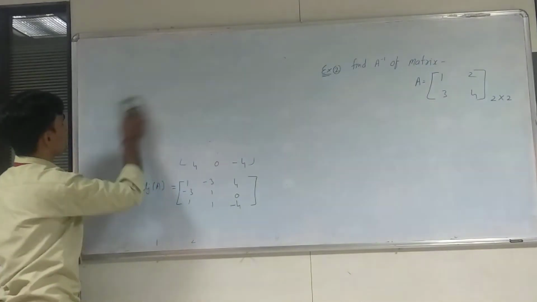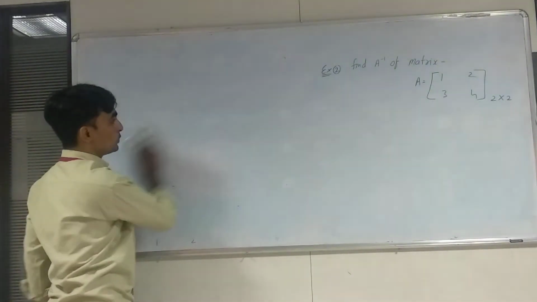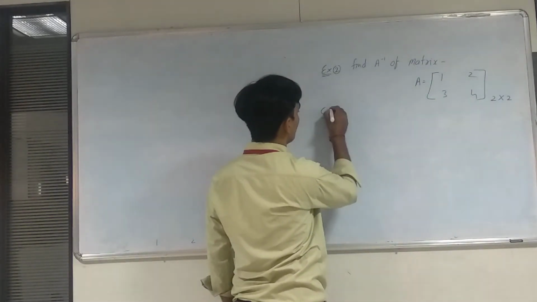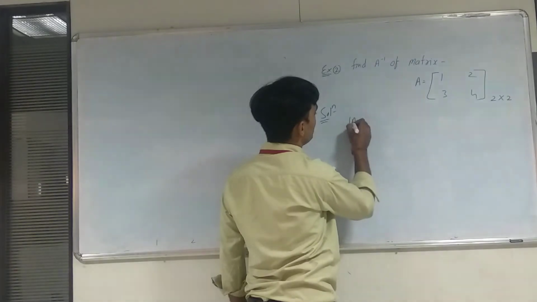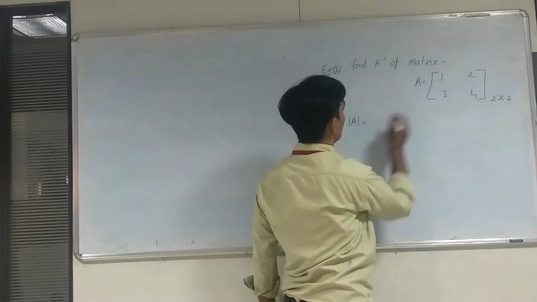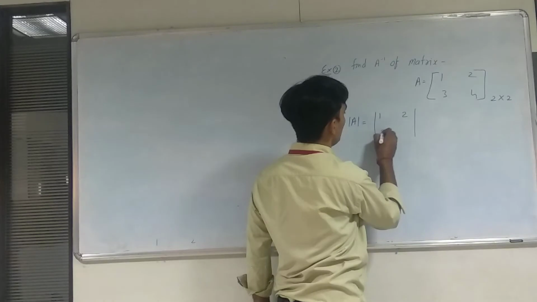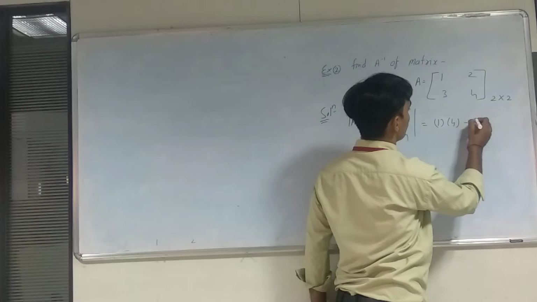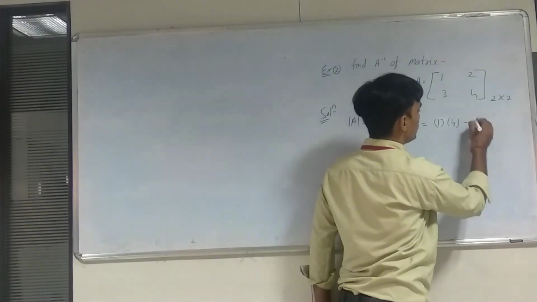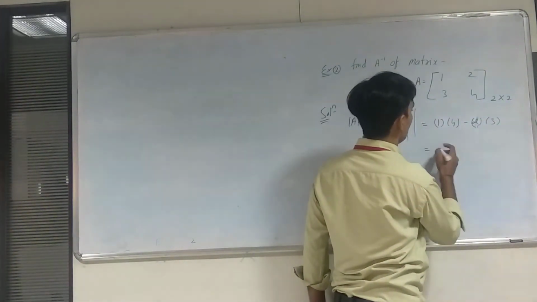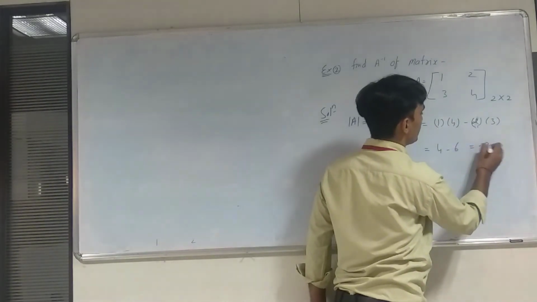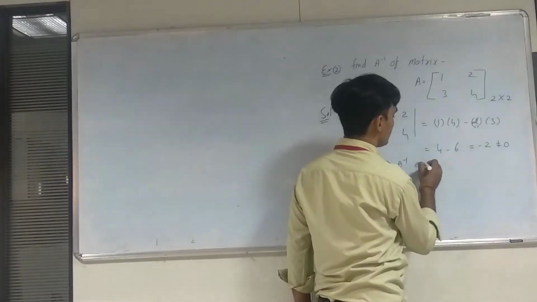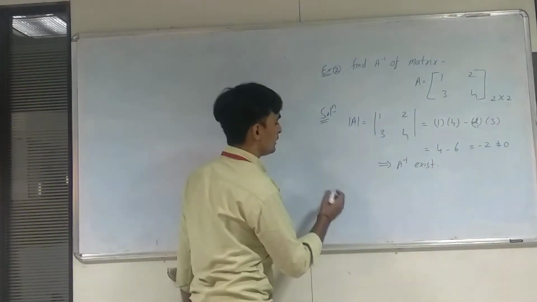What we have done for 3 cross 3, similarly we can do for 2 cross 2. First of all, find the determinant of A. It is 1, 2, 3, 4. So it is 1 into 4 minus 2 into 3. So this becomes 4 minus 6. So it is minus 2, which is not equal to 0. From here, what you can say? A inverse exists.